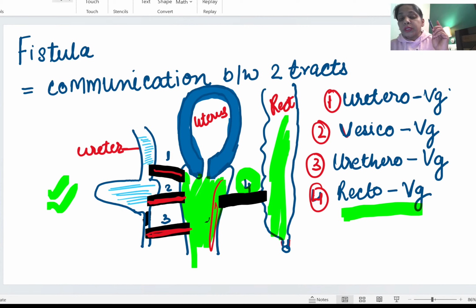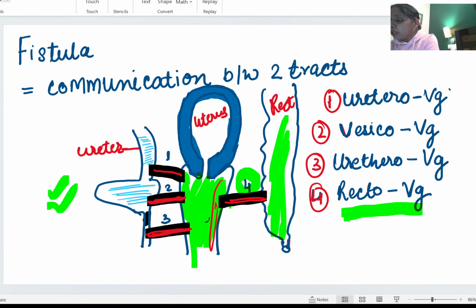So the ureterovaginal fistula is the most upper one, the middle one is the vesicovaginal fistula, the lower one is the urethrovaginal fistula, and the posterior one, number 4, is the rectovaginal fistula. Terms are clear? In FMG 22, the question was asked on vesicovaginal fistula.